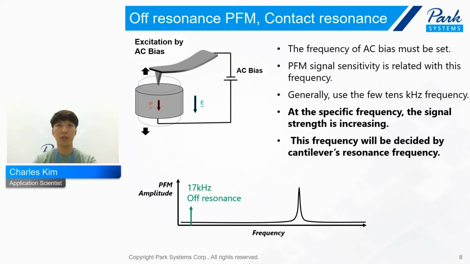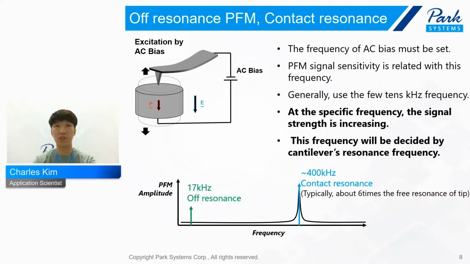Generally, the 17 kHz for the off resonance PFM is very far from this resonance. And this contact resonance is about 6 times the free resonance of the tip. The free resonance means the resonance frequency of the tip without any contact on the surface, when the tip is just hanging on the probe arm.